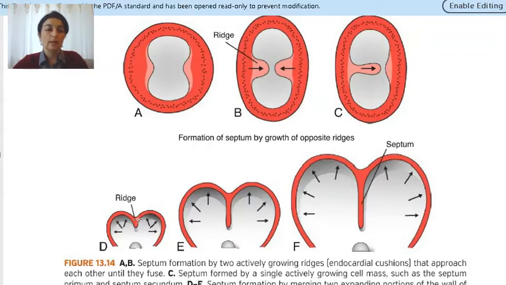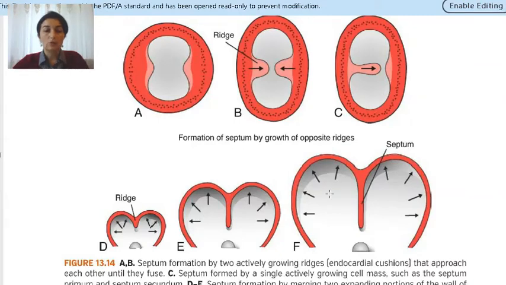subdivides into two and both of them expand, and the narrow stripe between these two parts stops its division and its growth, what will result? Both these parts expand, but this middle portion does not grow.